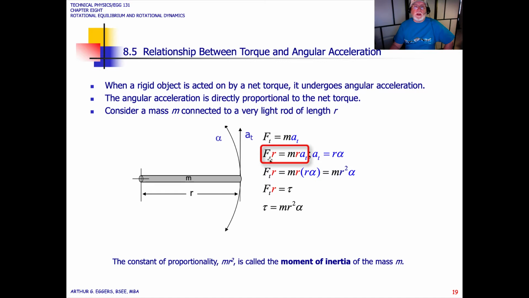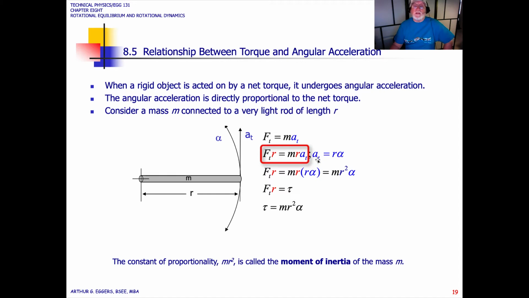So if we bring in the radius of the rod, let's multiply both sides by the radius, because we want the radius to be in the mix. So force tangential times the radius, which is really force times distance, is equal to mass times the radius times the acceleration tangential.